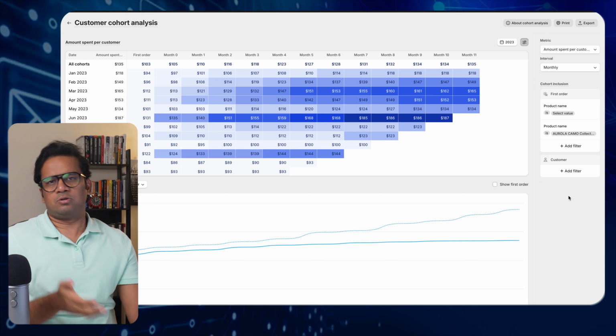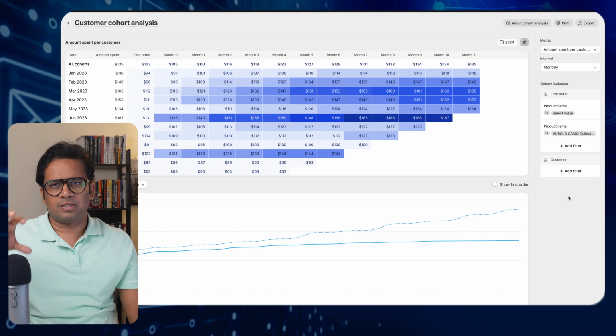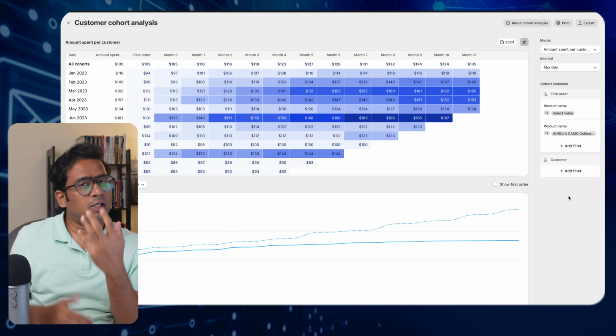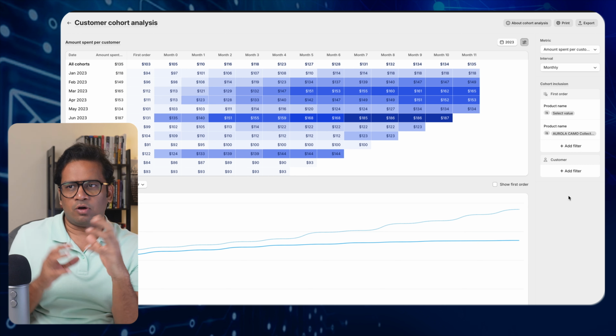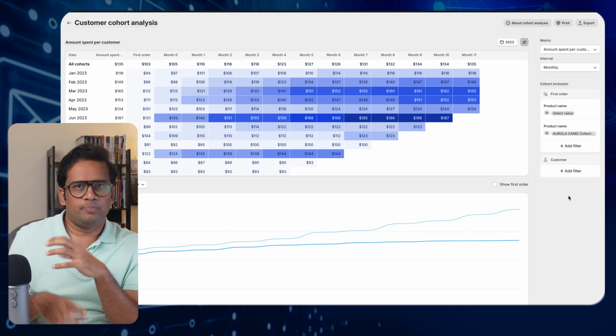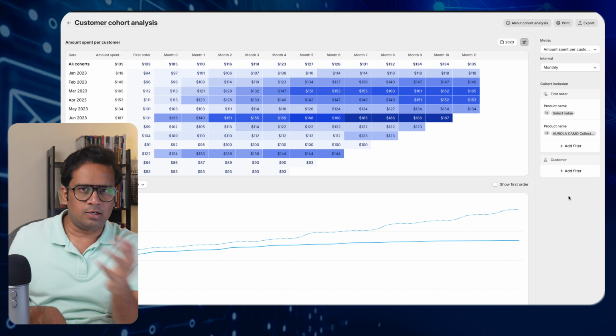So product is also very powerful if you have a bestseller product. You can focus your energy on the bestseller and see what happens if someone buys this bestseller, or maybe on the category level. Suppose you are a store selling apparel, a fashion brand where you are selling sandals also and t-shirts also.